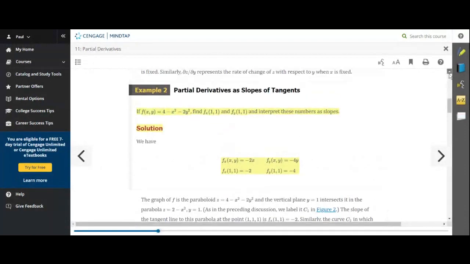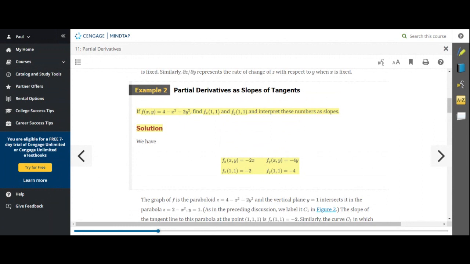So remember this problem back in section 11.3, where you were given a function, a paraboloid that opened downward, f of x, y equals 4 minus x squared minus 2y squared, and you were finding partial derivatives with respect to x and y, and you had to interpret those numbers as slopes.